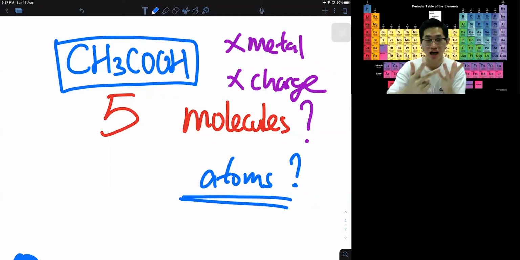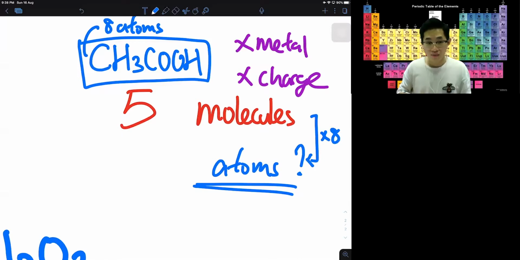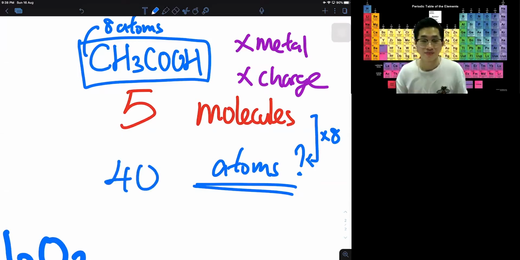I got 5 molecules, bigger to smaller, times 8. 5 times 8 is 40. If you do know the meaning, why you have to times 8, come, I teach you the kindergarten way.